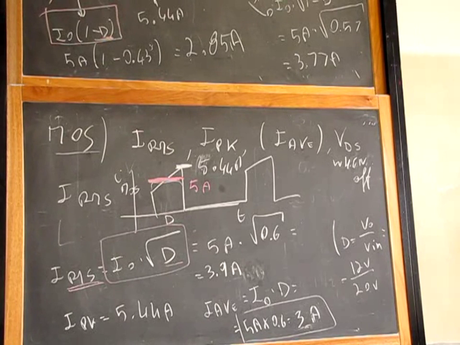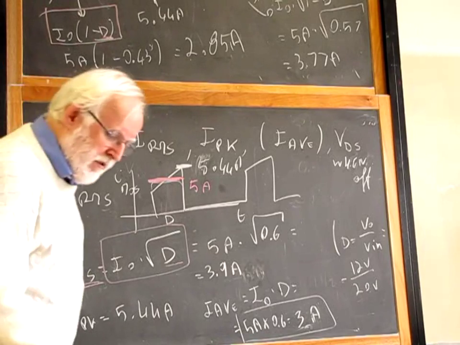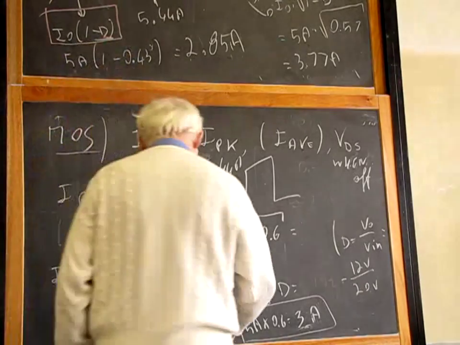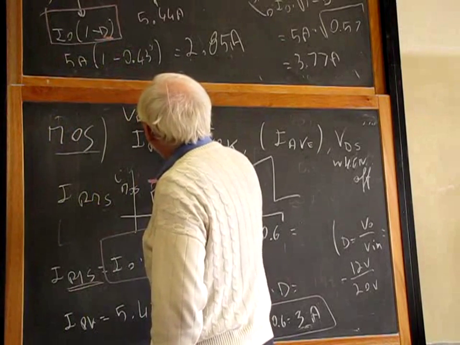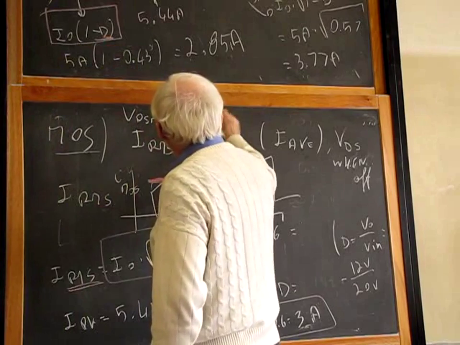So this transistor has a maximum voltage across it when it is off of 20 volts, 29 volts, something like this. And so the MOS transistor undergoes a voltage stress VDS max.